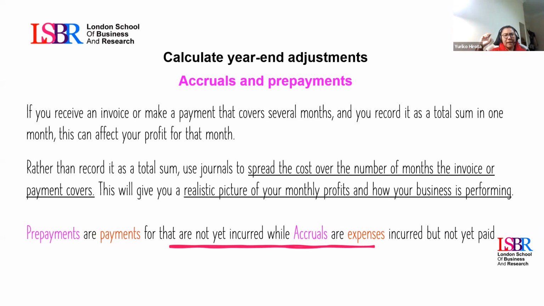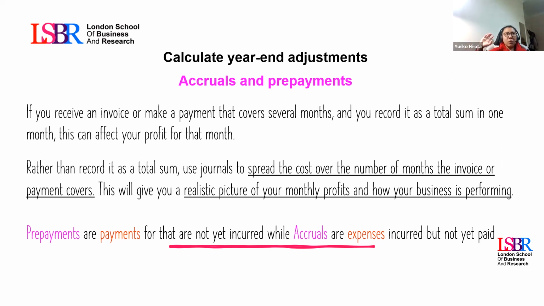I'm going to explain in more detail in a little while. If we recognize it per month instead of recognizing everything in only 1 month, it will provide us a more realistic picture of the company and the profits or deficits of the business.